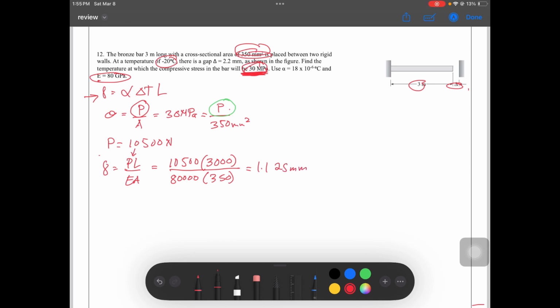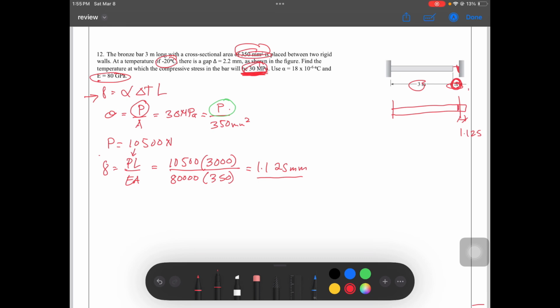Okay. So, ito yung deformation only dahil sa compression. So, ito yung mas mahaba na yung bar. Ito yung 1.125. Meron pa tayong kailangang isatisfy para bumalik yung bar, didikit dito.